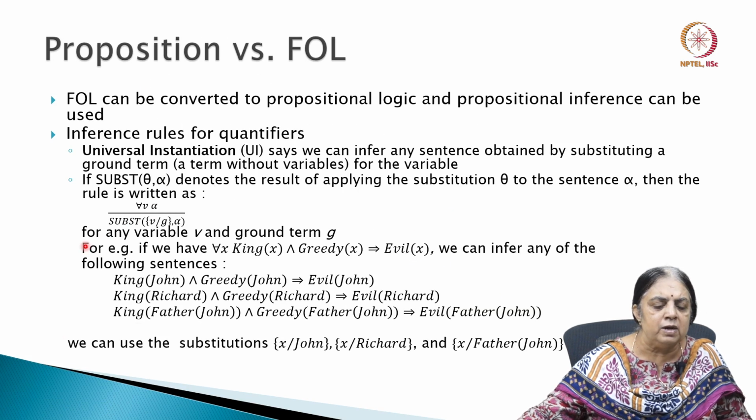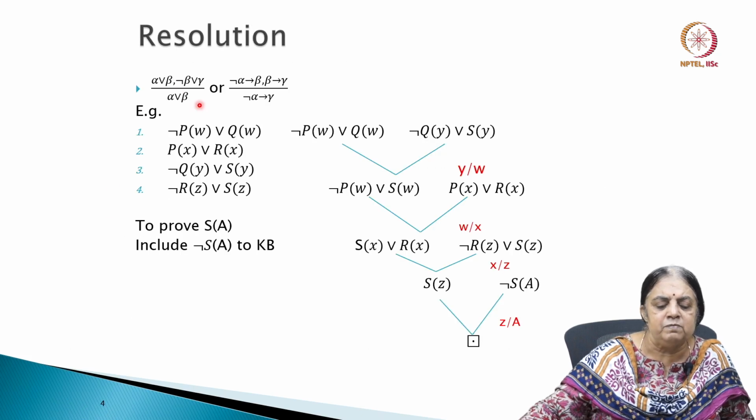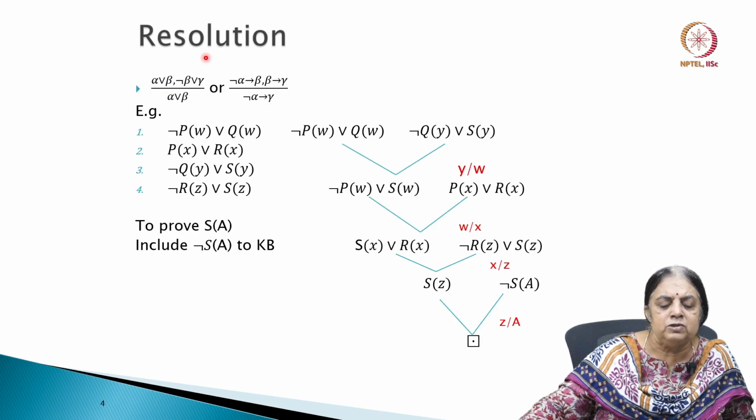Okay, so if we look at this example here, what we saw in propositional logic was that if you had two sentences, alpha or beta, and not beta or gamma, so if you have beta in one and not beta in the other, you can remove those and you will get alpha or gamma.